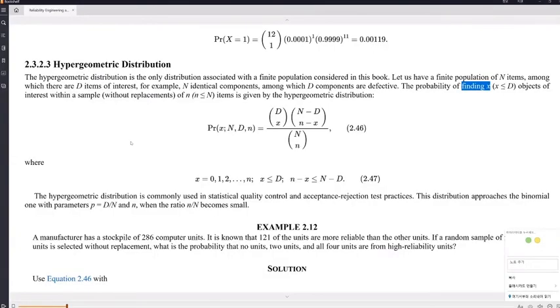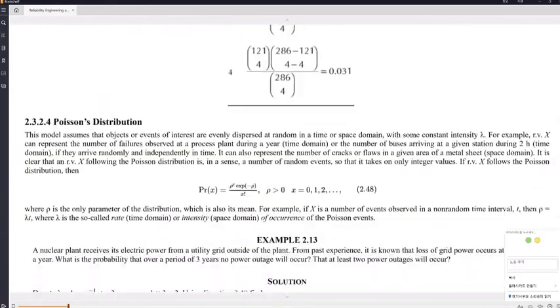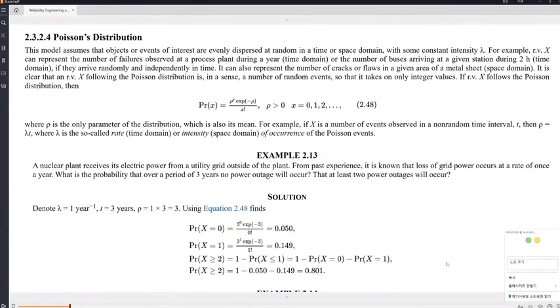And the next distribution that we are going to talk about is the Poisson distribution.